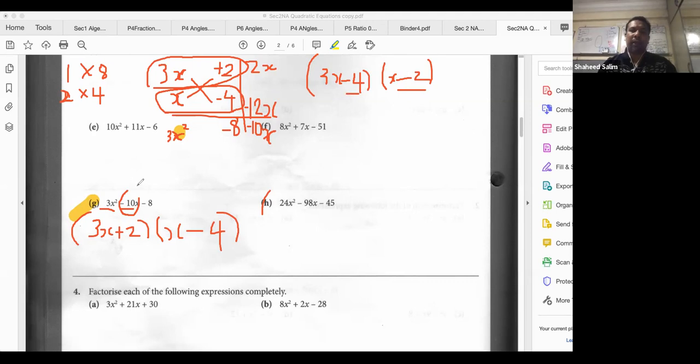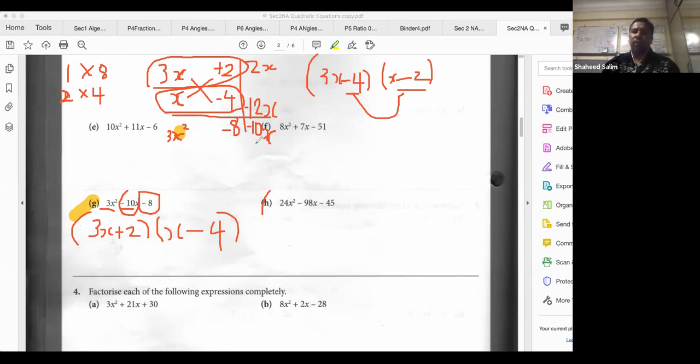It's different already, Shafi. This is minus 8. You can see now, minus times minus, get positive. So yours, this one cannot work. You understand what I'm saying? So one must be plus, one must be minus. Then you can get a minus number here at the end.